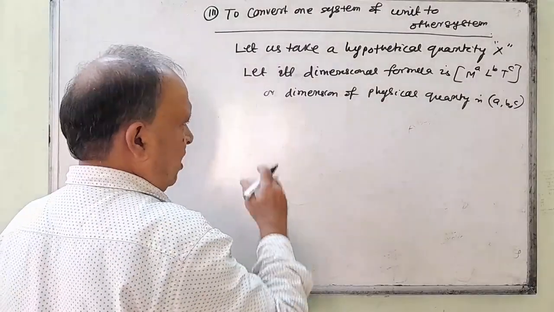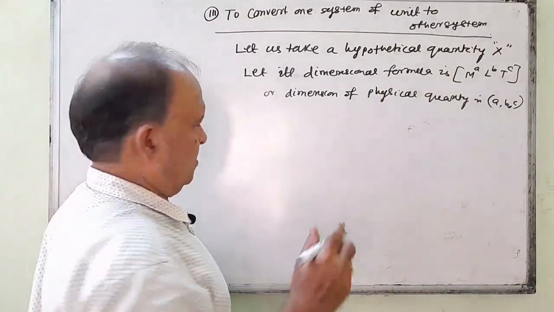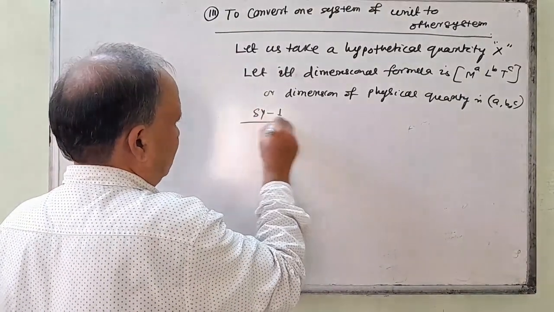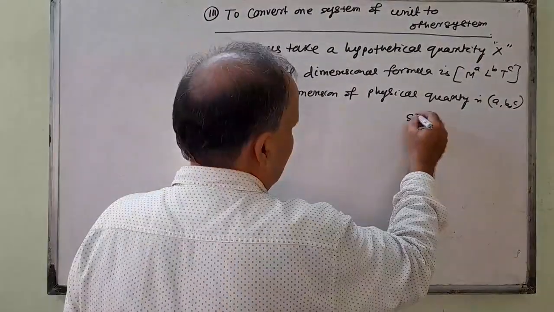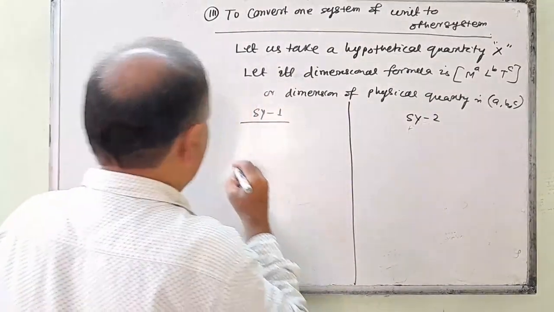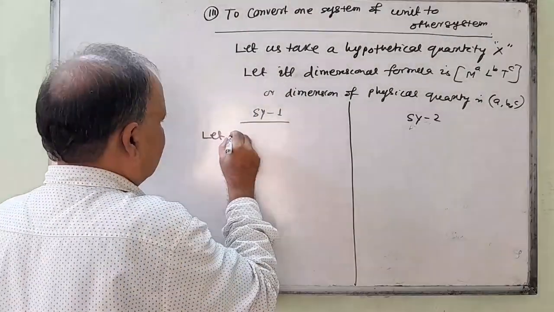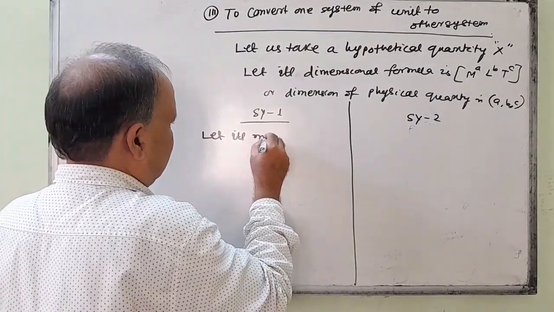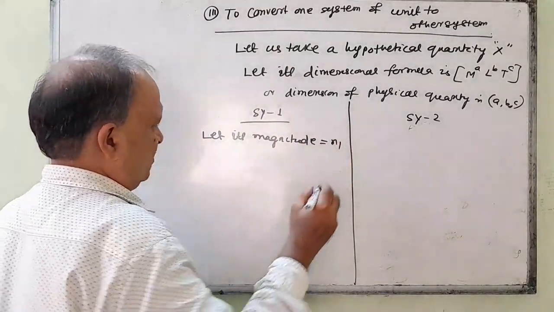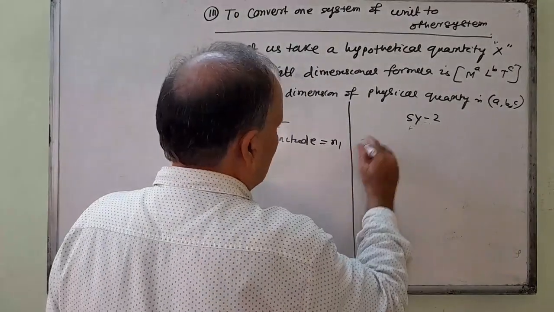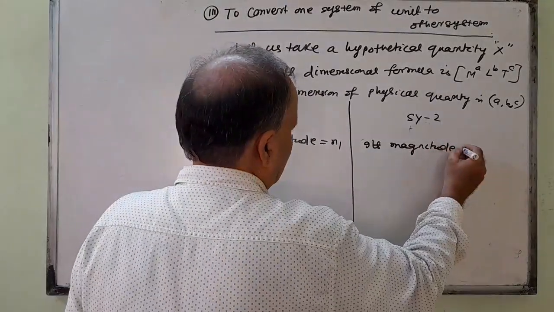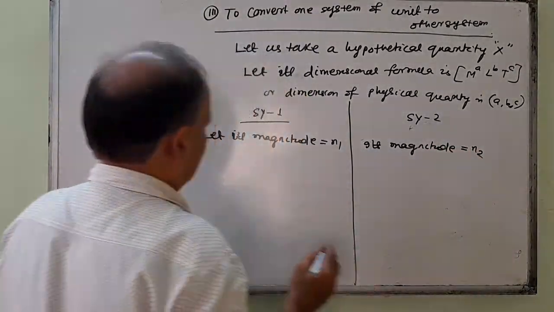You see, we convert one system of a unit to other system. Let us take system 1 and here it is system 2. In system 1, let its magnitude be n1. In system 2, its magnitude is equal to n2.